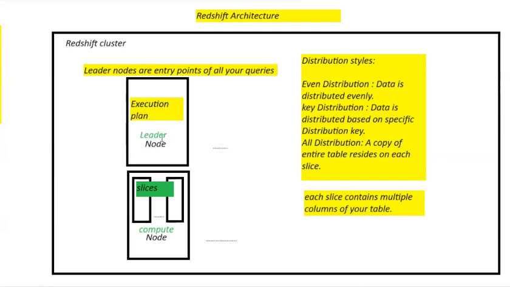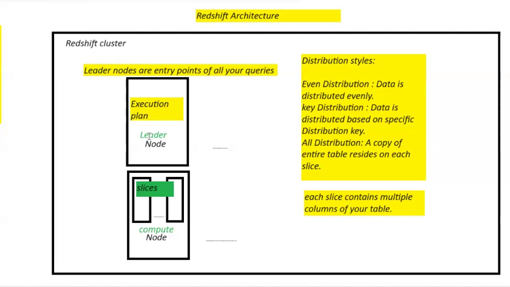Then the leader node sends this back, and the Redshift cluster sends the response back to the client. In this way the query processing happens. First, your client will send the query. Now the query will be taken by the Redshift cluster, and that query is given to the leader node.